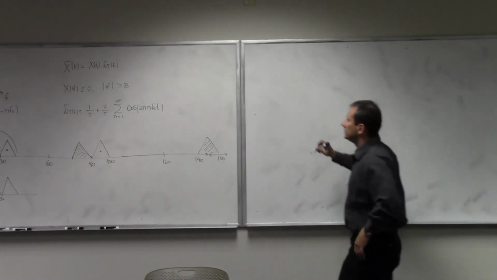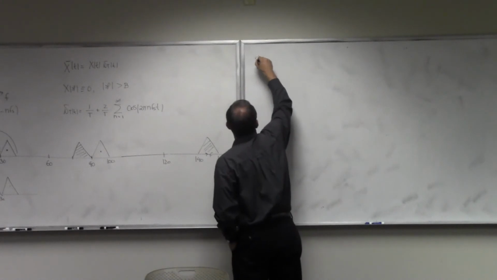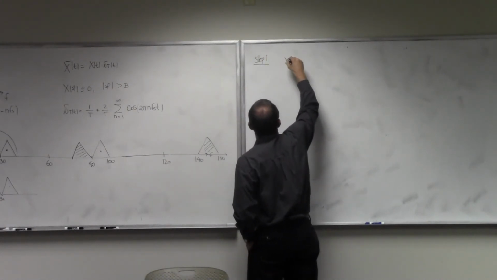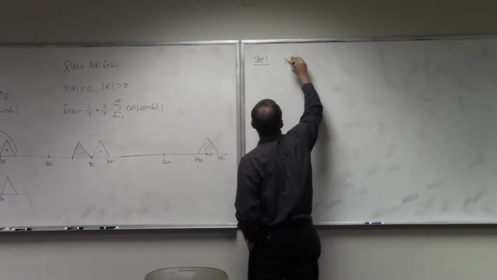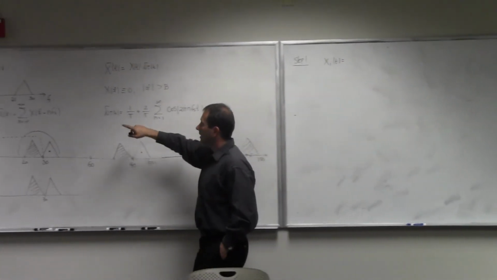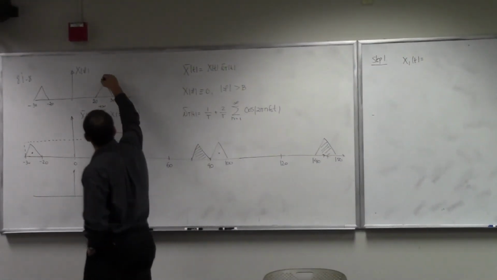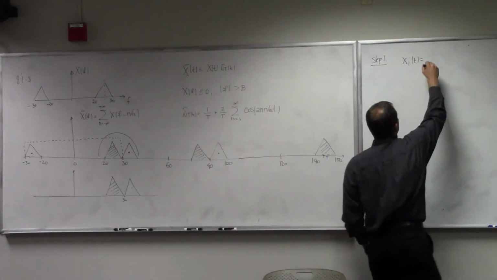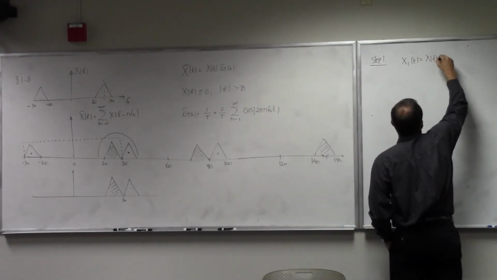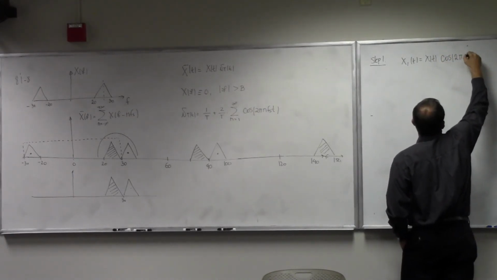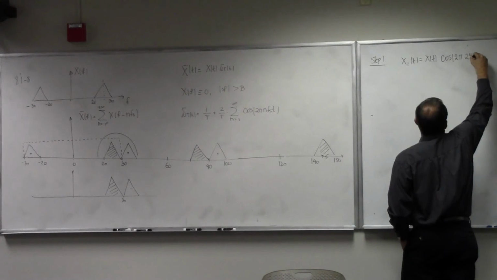So in step 1, I want to look at the signal x prime of t, or x1 of t, which I get by taking this signal and multiplying it with a cosine of 25. So it's going to be x of t times cosine 2 pi times 25 t.